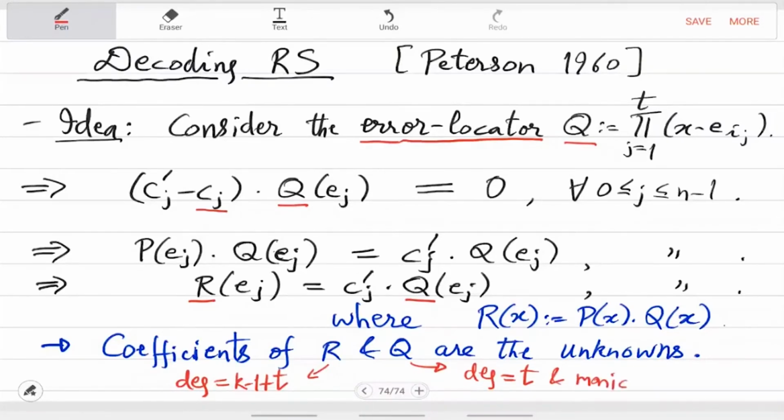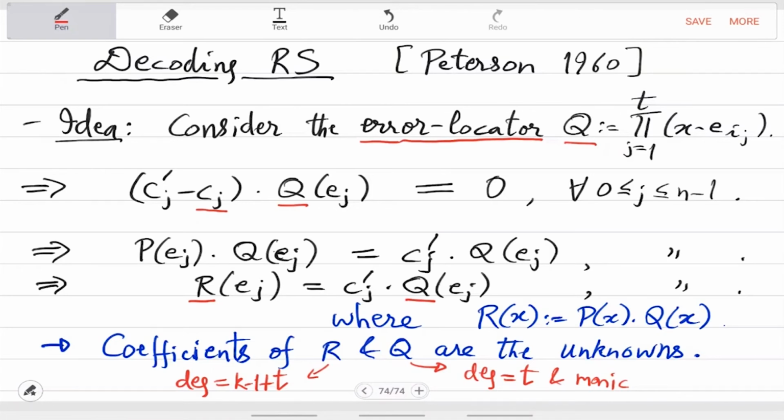Monic means that the leading monomial has coefficient 1, because it was just the product of x minus Eij's. On the other hand, R is not monic. So just remember that. We'll use it next.